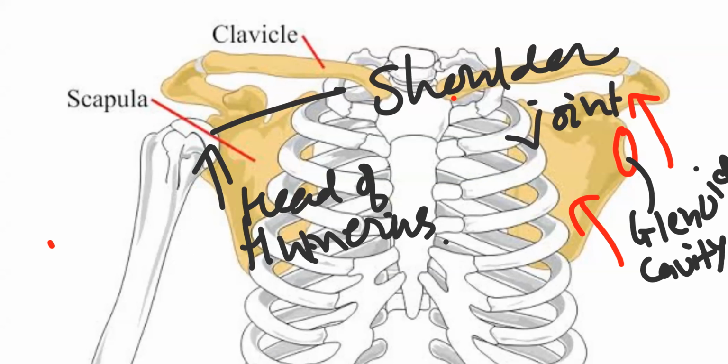This is the point where the forelimbs remain articulated to the pectoral girdle. I'll show you one more time.